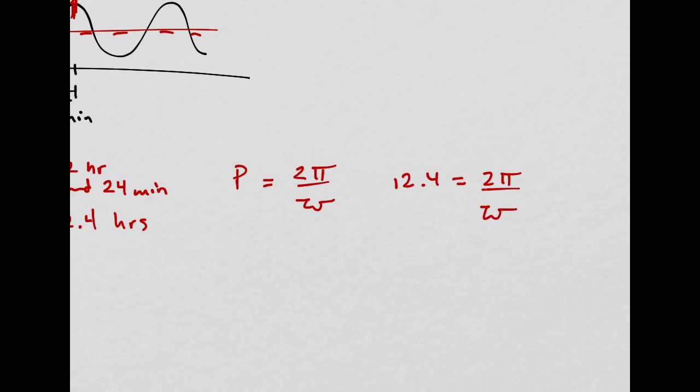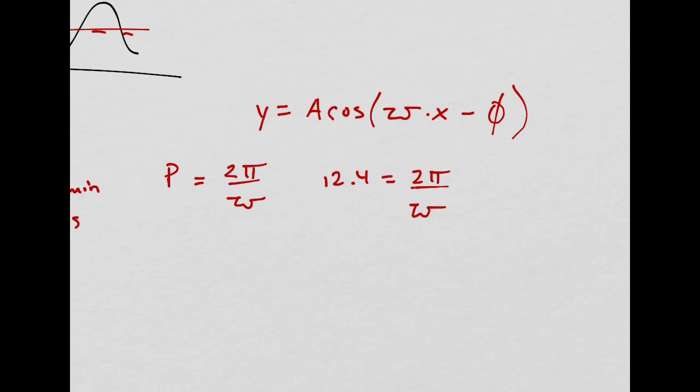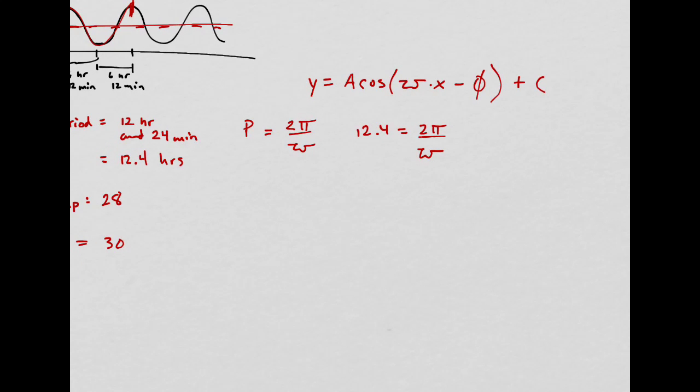Why do we want to find omega? Because it's going to be cosine. So we have y equals the amplitude times cosine of omega times x minus the phase shift, phi, and then maybe the plus c out there. So that's shifting up or down. We already have that c value.